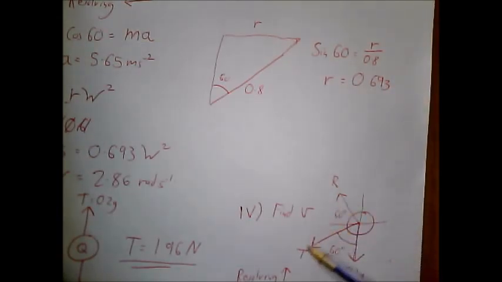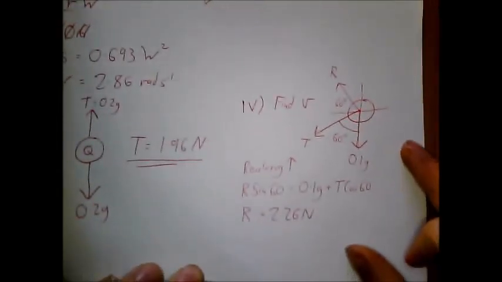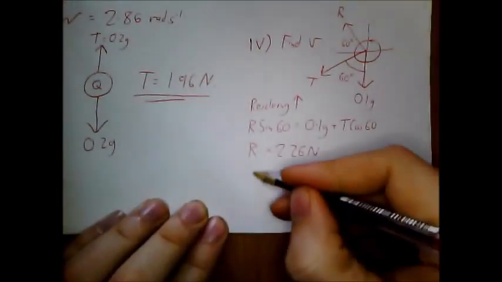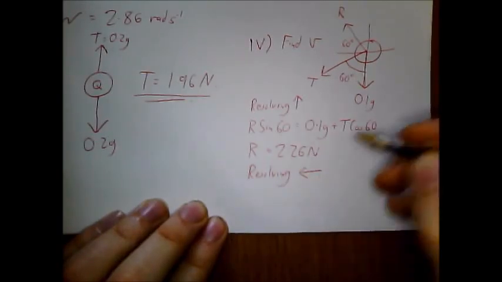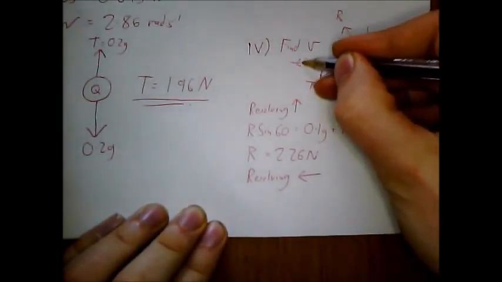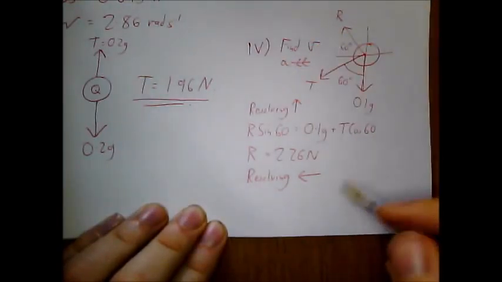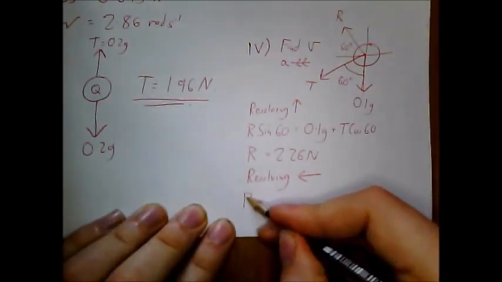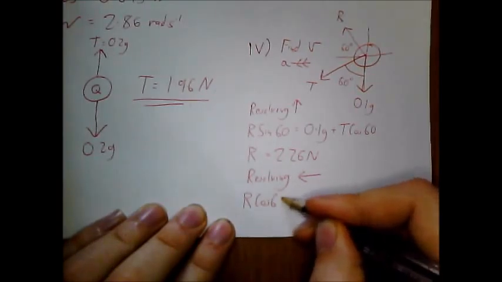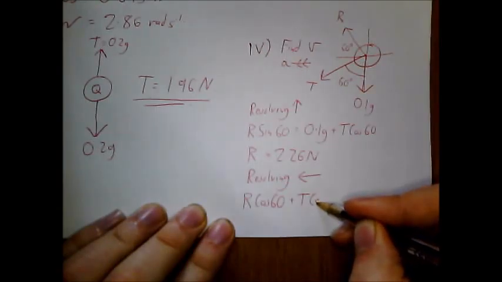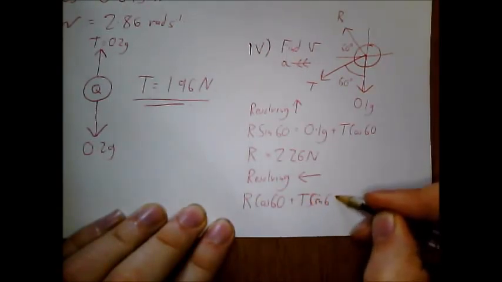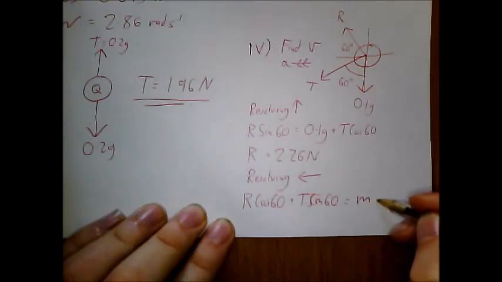Okay, and now we know all of the forces, so we can work out the new acceleration of our object. So now, resolving in the direction of the acceleration, we have R cos 60 plus T sine 60 is equal to ma.